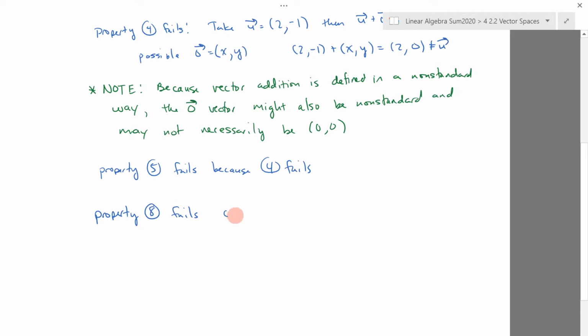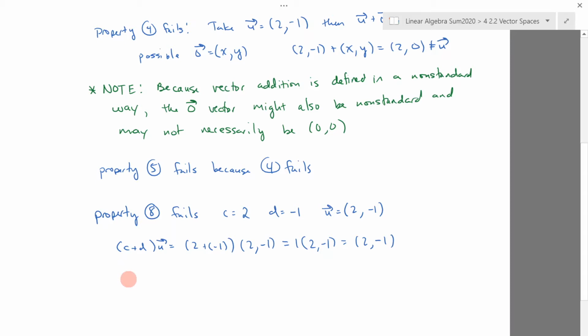Right, because I can take C to be, say, 2, D to be -1, and u to be, say, 2 comma -1. So C plus D times u would be 2 plus -1 times 2 comma -1, which is just 1 times 2 comma -1, which is 2 comma -1.